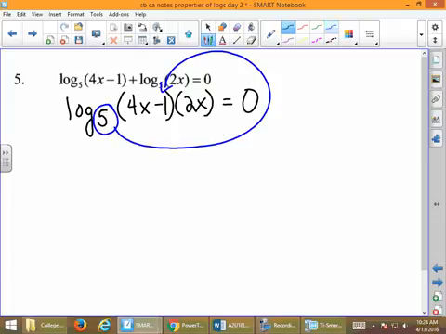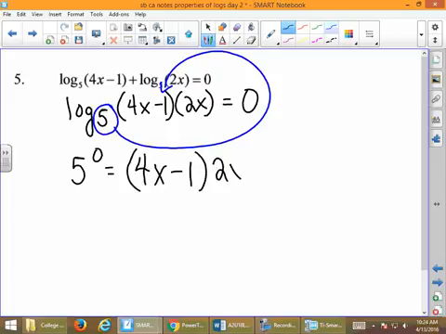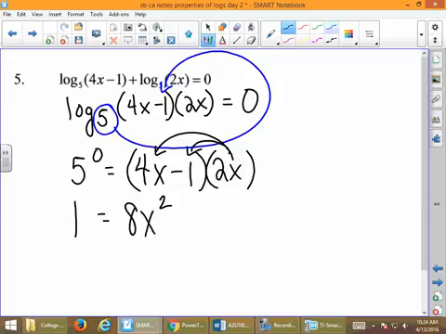So when we convert, we get 5 to the 0 equals 4x minus 1 times 2x. What does 5 to the 0 equal? 1. Over here we can distribute, and we get 8x squared minus 2x.